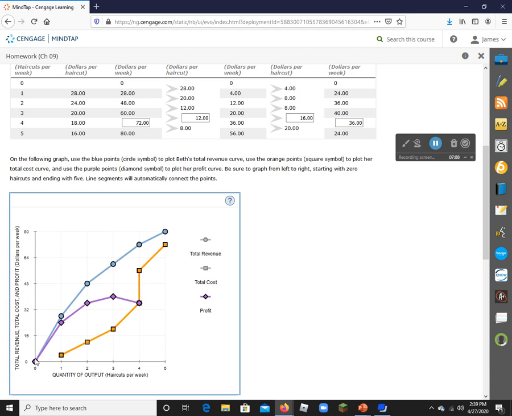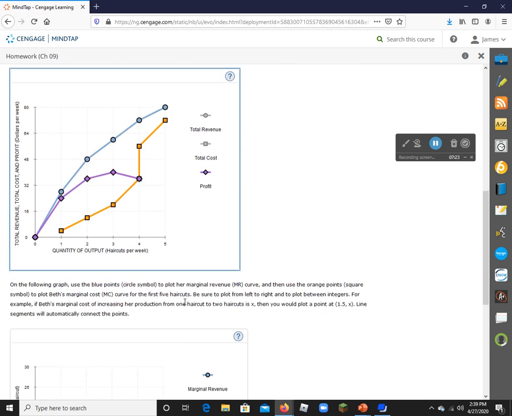So you can see here total profit increases, reaches its maximum here, then starts to fall. Beth is a profit maximizer, so she's going to produce 3 haircuts and make $40 in total profit. You can see up here.